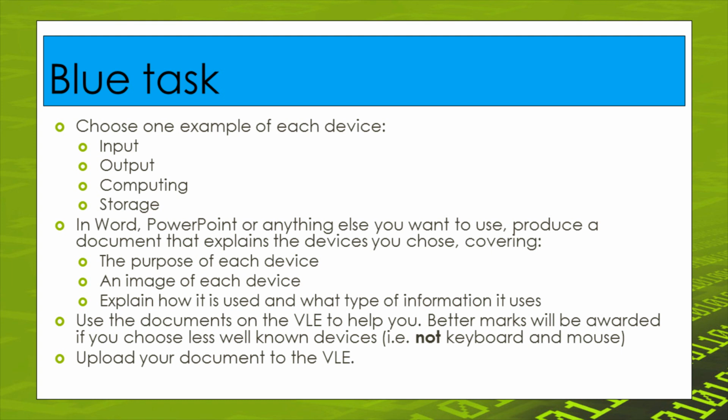Make sure it covers the purpose of each device, an image of each device, and explain how it is used and what type of information it uses. There's a document on the VLE that will help you, and better marks are going to be awarded if you choose less well-known devices. For example, if you just do a keyboard and mouse, that's not going to get as good scores as something more original. Upload this document to the VLE for marking.